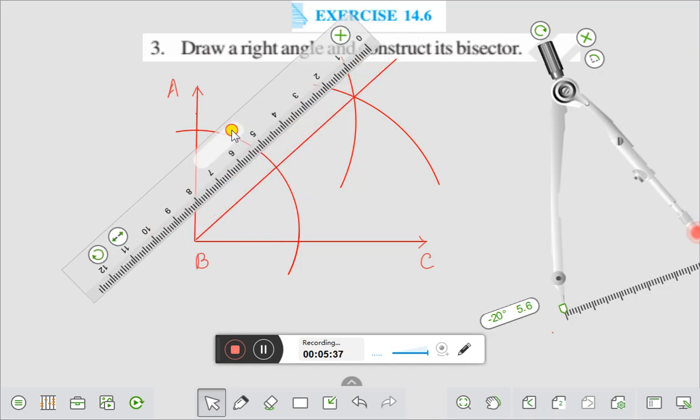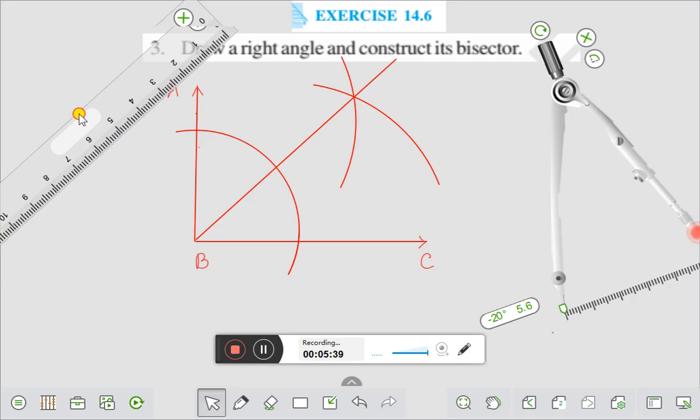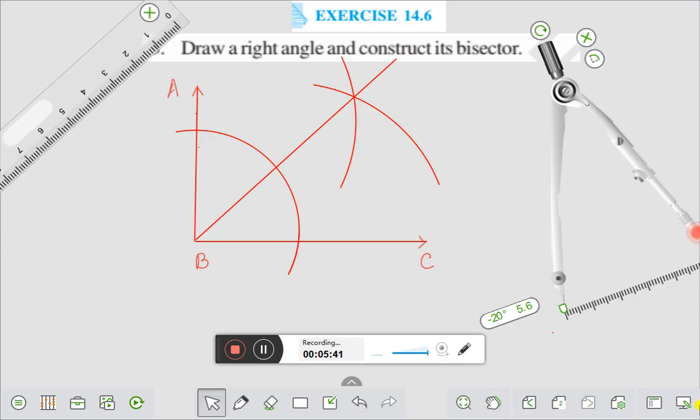Now give the name here. Now give the name ABC. We draw another arrow here, and this is named as D.